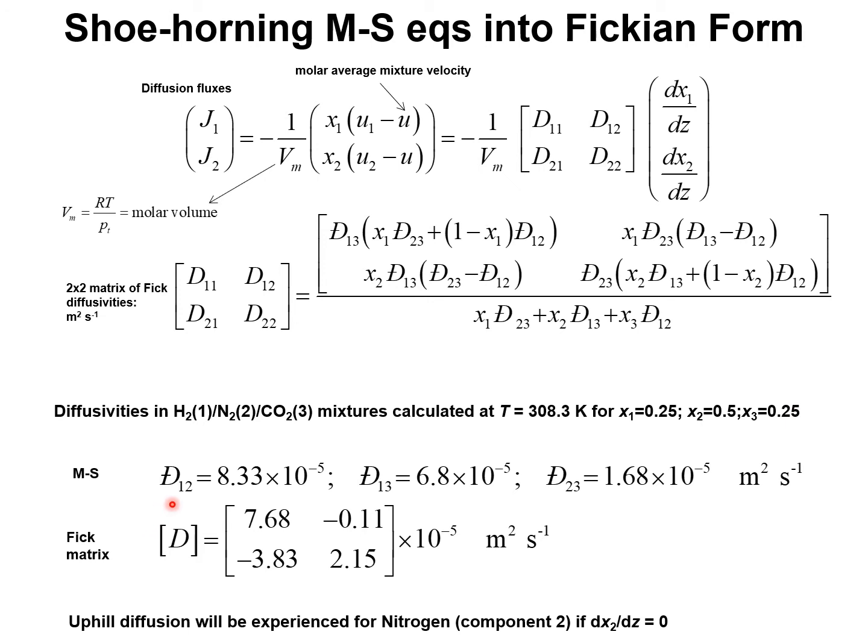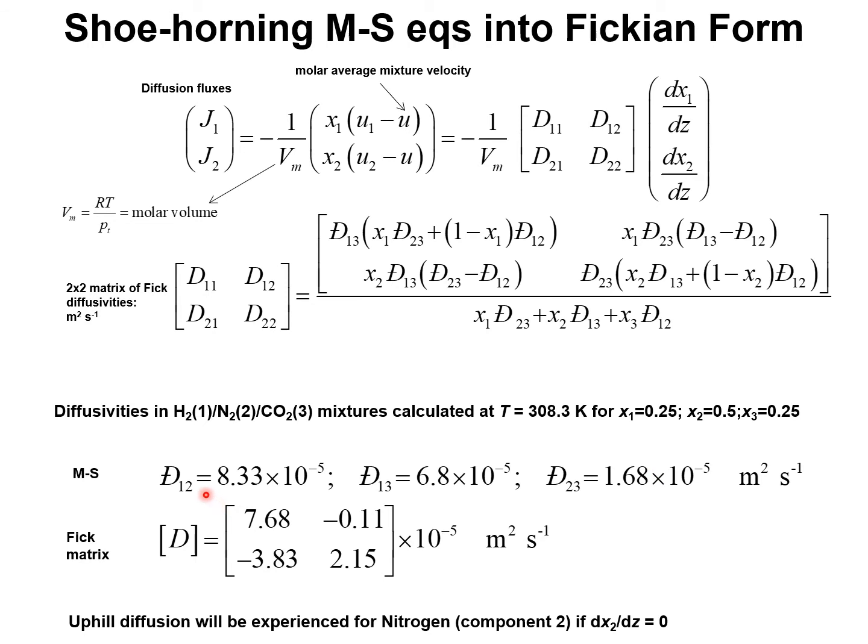From the kinetic gas theory, the Maxwell-Stefan pair diffusivities can be calculated as 8.33 × 10⁻⁵ for the 1,2 pair, which is hydrogen-nitrogen. This is for the hydrogen-carbon dioxide pair, and this is for the nitrogen-carbon dioxide pair.